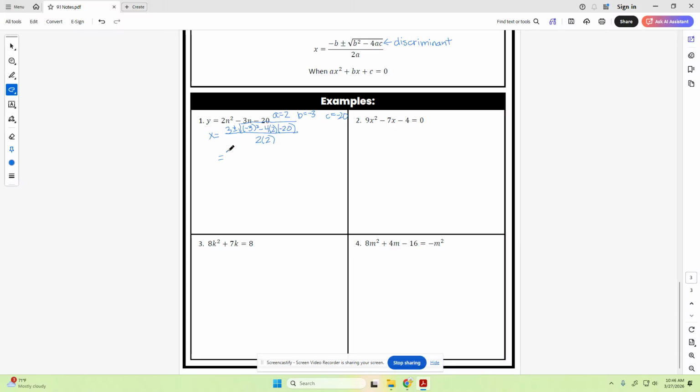So I'm going to have 3 plus or minus the square root. -3 squared is +9. We have got to remember that negatives, when we square them, become positive. And negative 4 times positive 2 times negative 20 is going to come out to be positive 160.